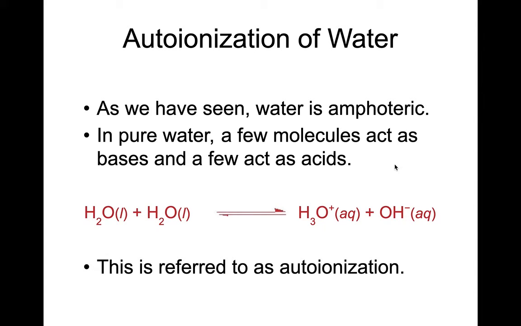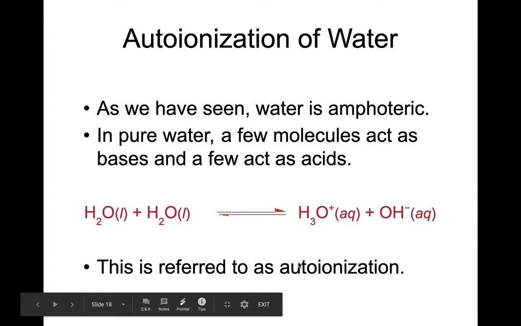Water, again, remember, is one of these substances that could be either an acid or a base, depending on its situation, on its circumstances. So if we had just pure water, we would actually find that at a given moment, some of it is existing as a hydronium ion, some as a hydroxide ion.